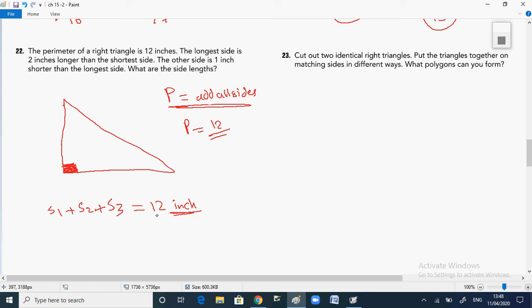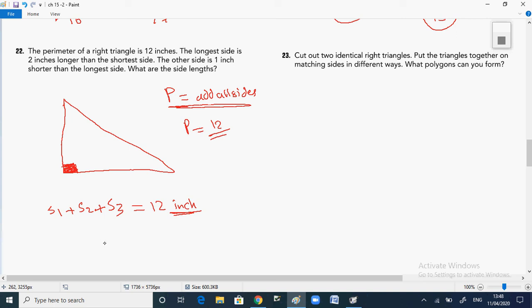Sorry, the longest side is 2 inches longer than the shortest side. The other side is 1 inch shorter than the longest side.